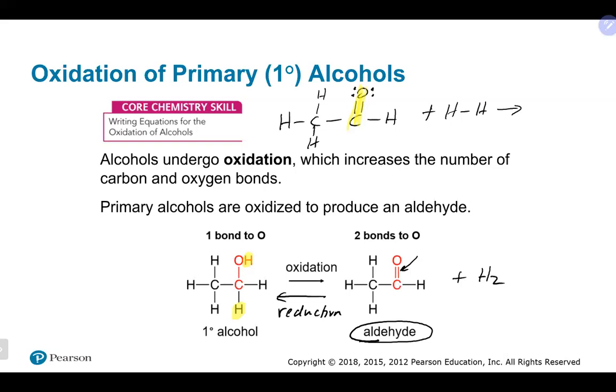So to make room for it, what happens is very similar to what we see with a double bond that we add hydrogen to. When we add hydrogen to a carbon-carbon double bond, to make room for the hydrogens coming in, we have to turn it into a single bond. And that's exactly what happens when we add hydrogen to an aldehyde. This double bond becomes a single bond.